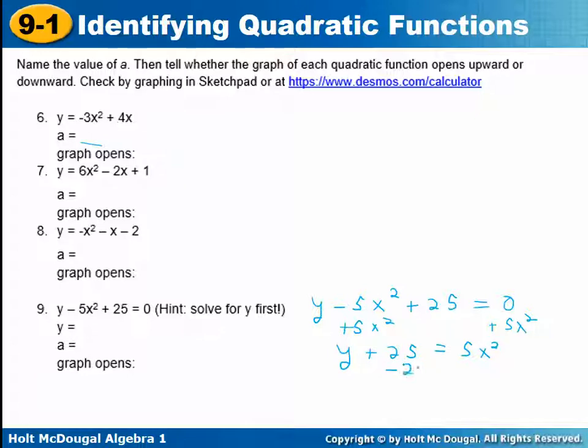I don't want the plus 25, so I'll subtract 25. Now remember, when you do this, you don't actually add or subtract the 5 and the 25 because they're not like terms. So you just rewrite that. So now it's in standard form. Now I can identify what is a. A is 5. This is where you were supposed to write the rewritten form. And so a is positive, so then we can see that the graph would open upward because a is positive.